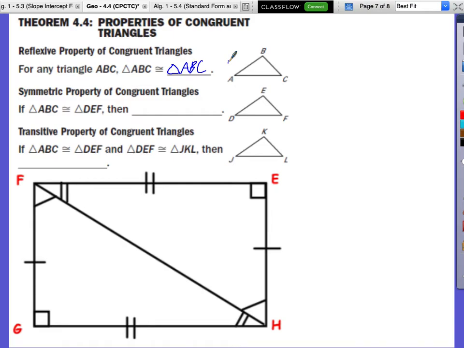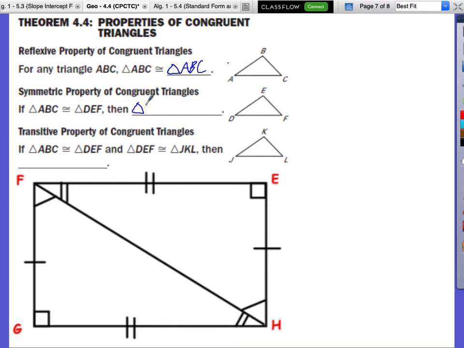The symmetric property is what property? Where we take it and we do something to it. Joe? You flip it, you put it the other way. So triangle ABC is congruent to triangle DEF. Then what, Joe? Triangle CBA? Oh, I get what you're saying. Okay, so we'll flip the sides.